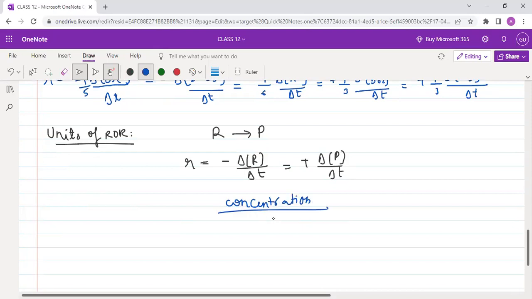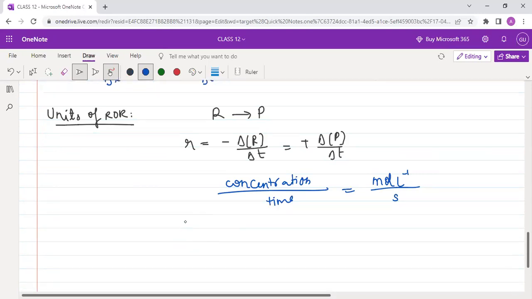Yes. So if we take the concentration in mole per liter, because the unit of concentration is mole per liter, and the unit of time is second, okay? So the unit of rate of reaction will be mole per liter per second. And in some books, mole per liter is written as capital M, because mole per liter is the unit of molarity.